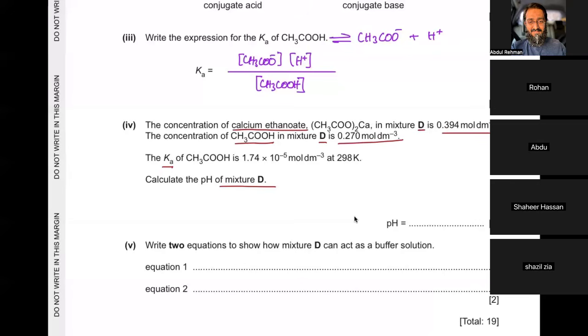Because it has 2 ethanoate ions, the concentration of ethanoate ion is going to be twice 0.394. Can anyone calculate it? And the concentration of ethanoic acid that is provided to you is 0.270, right? So times 2, it is 0.788, right? Mole per dm cube.